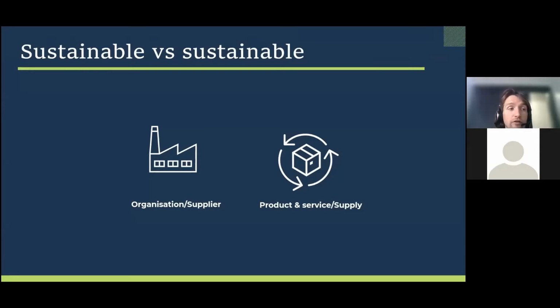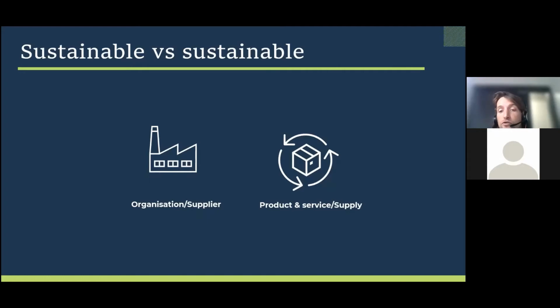You can have sustainable policies and operate sustainably, but also there can be a difference in terms of how sustainable your products and services are. So if we look at an organization that employs lots of apprentices or people from disadvantaged backgrounds, etc., that as an organization is acting sustainably, right, under those criteria.